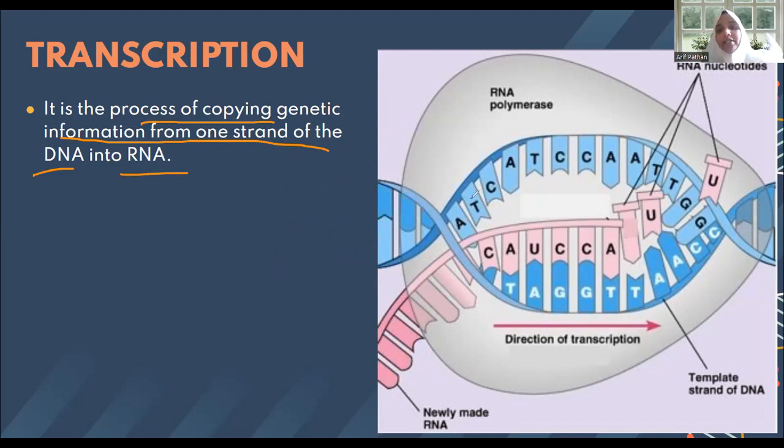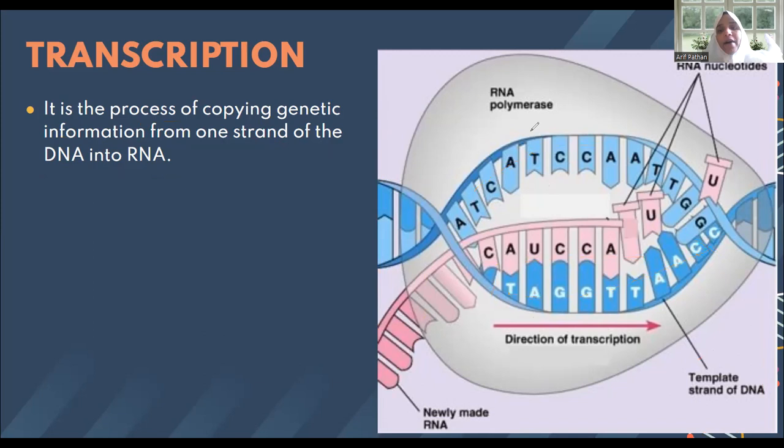So you can see this blue double-stranded DNA. The double-stranded DNA has to open up, just like in DNA replication. It will open up, and let's say this particular segment is the gene which is coding for a protein or an enzyme or anything like that. That particular strand will act as a template strand of the DNA, and the transcription will take place.